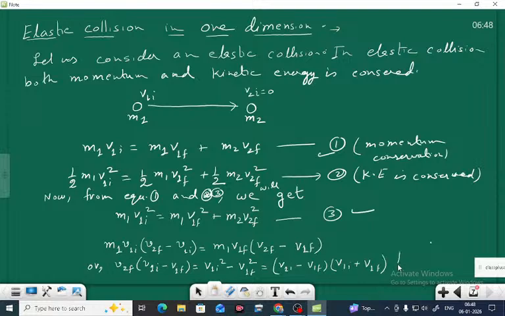This is from the relation that a square minus b square is equal to a minus b into a plus b. This equation we have written here, right? So what are we getting here?